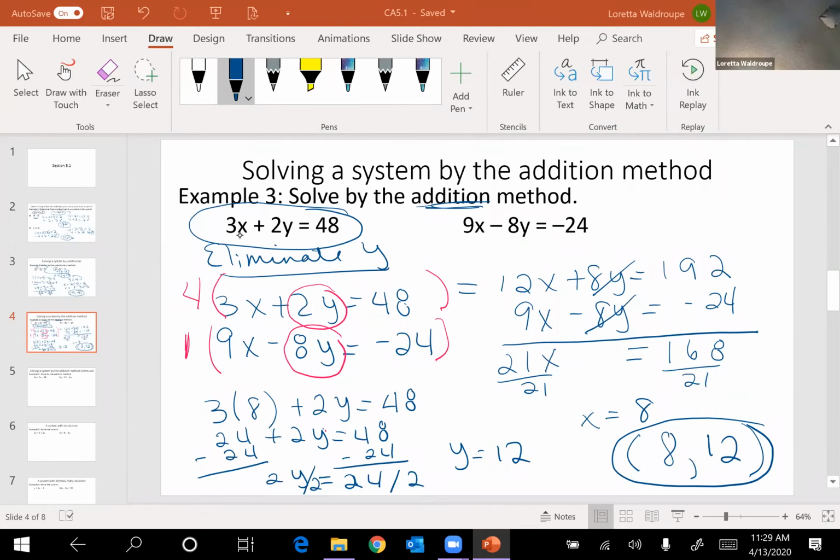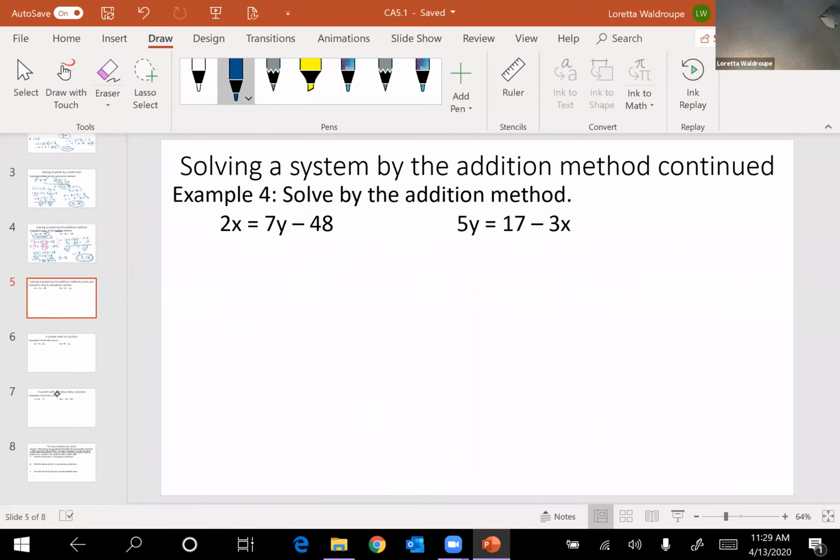All right, moving on, guys. Okay, now on this one, if you look at the two equations, they're not set up the same. When you're solving by the addition method, it has to be set up to where you have your x and then your y and equals your constant. So on this equation, I'm going to subtract 7y from both sides.